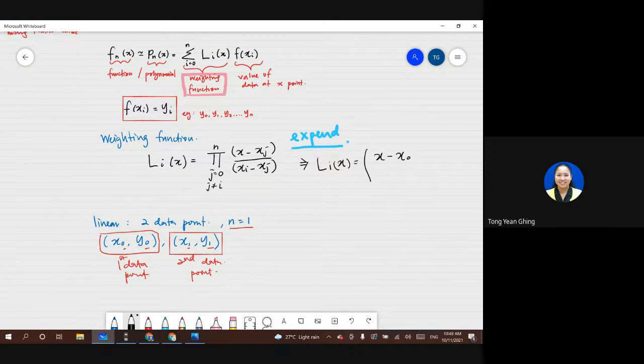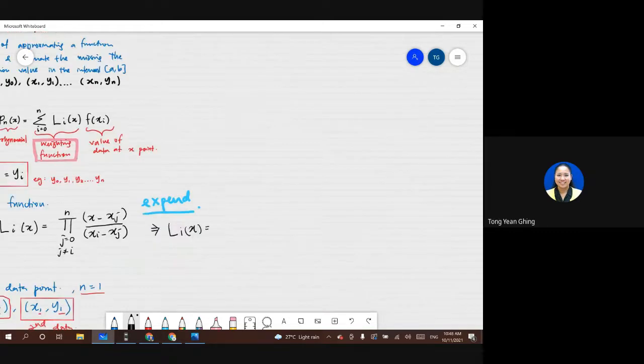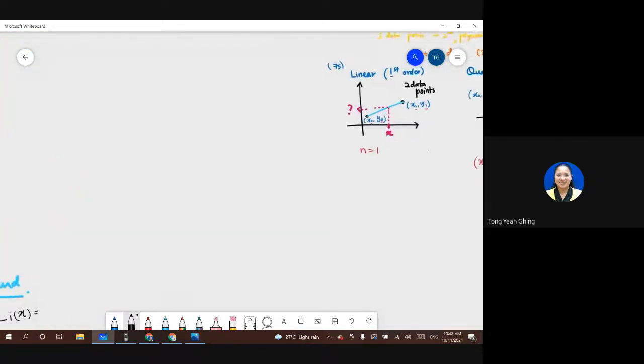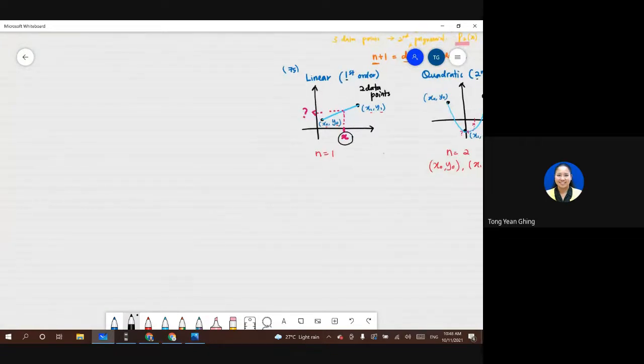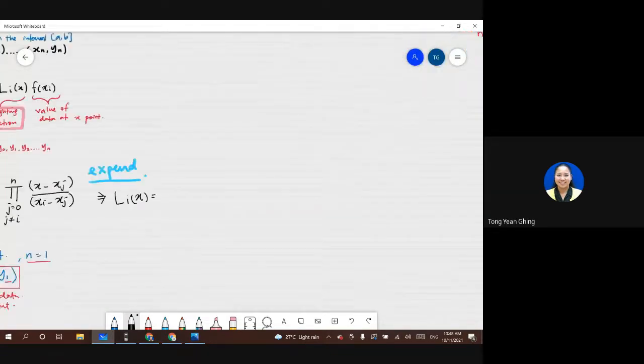X naught, starting from x naught. And then we will start from x1, divided by, wait, I go back again. So x is the value that we want to find.